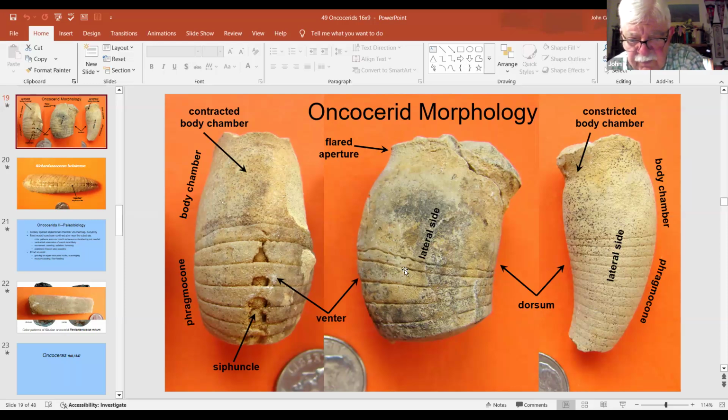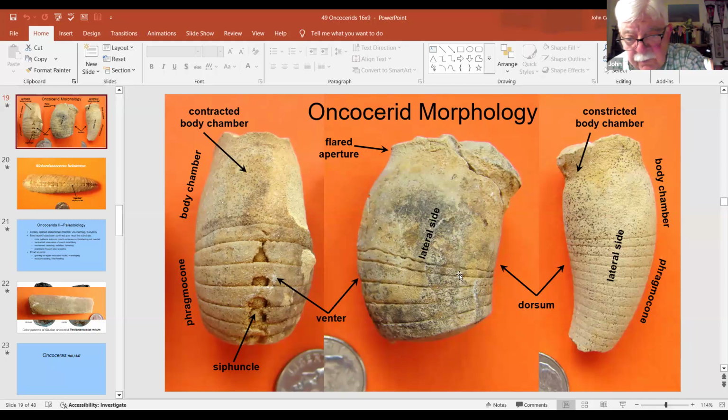Once the fluid was removed and the gas was replaced, the animal would then grow and do it again, just like Nautilus. So it made these partitions, and it was thin at the time, but they were filled with fluid, so that buoyed them up. And then they would grow thicker. They would remove the fluid, then go on to the next chamber.